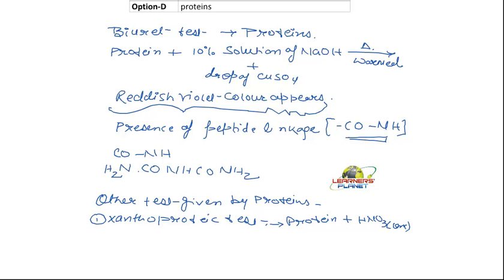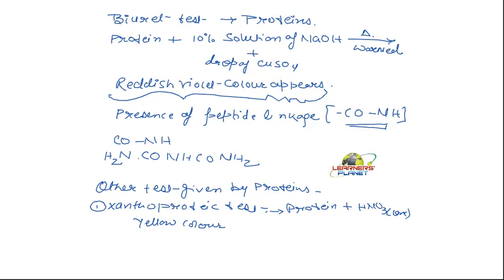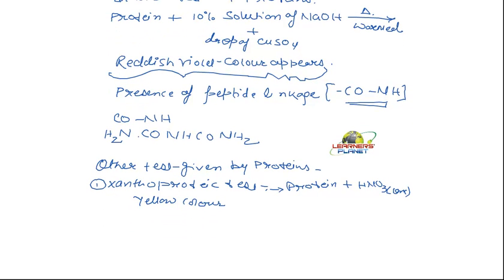What is obtained? Yellow color, right? That is the same color obtained when by a mistake this nitric acid falls on the skin. This also gives Millon reaction, that is the second reaction, or the third test which the protein gives is Millon reaction.